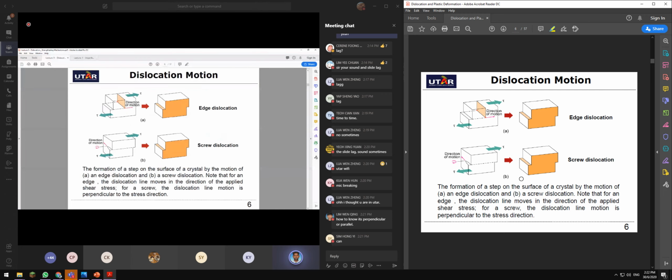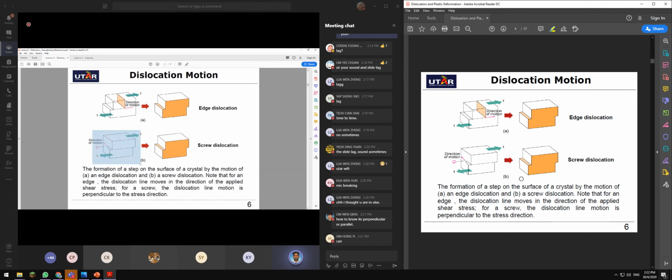I can depict this. Let's say the shearing force is acting in this direction, and the material moves from here to here. It means that the dislocation is moving from left to right, so it is parallel. Now let's say a shearing force is acting from left to right, but the dislocation happens from this edge to the inner edge, which is perpendicular to the line of force. It is screw dislocation.